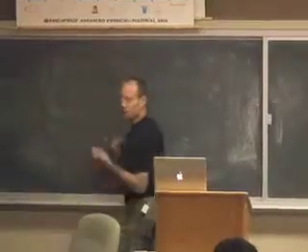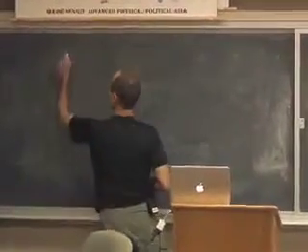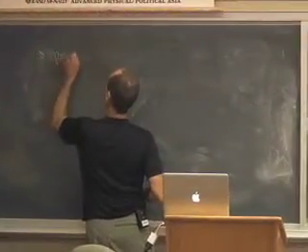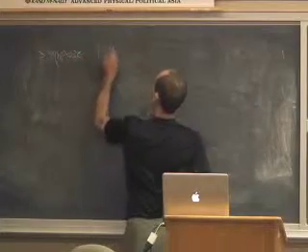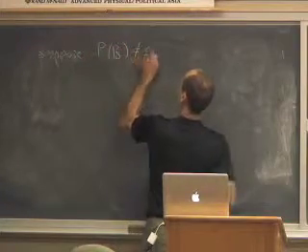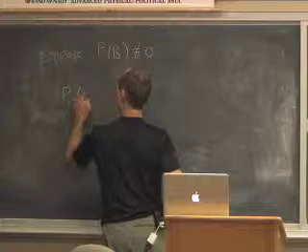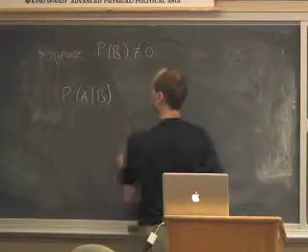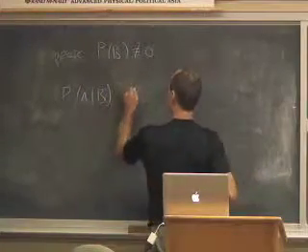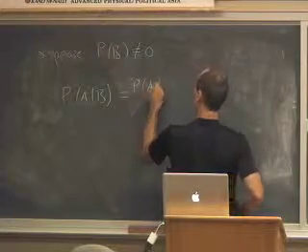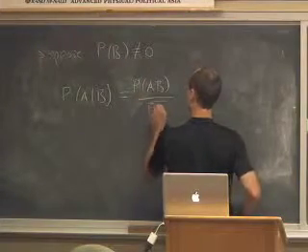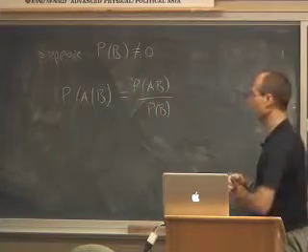Let's suppose that P of B isn't 0. So P of A given B is P of A intersect B over P of B, right?